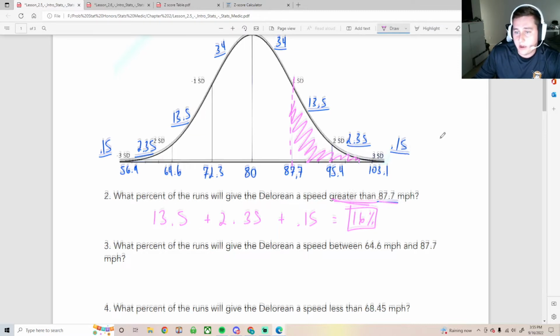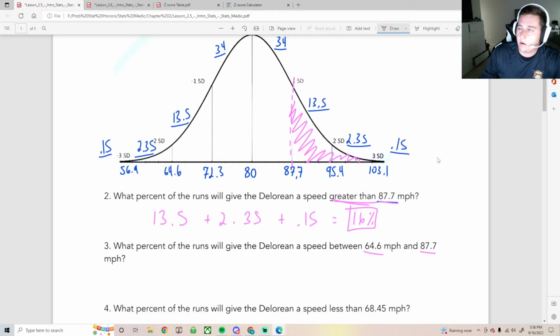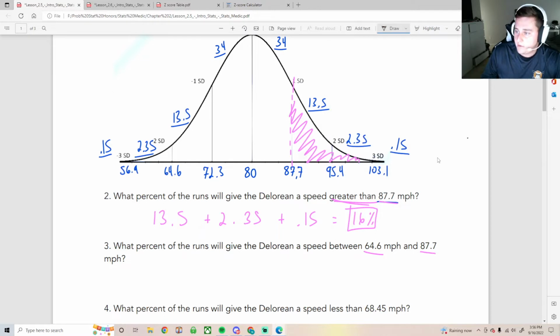The same thing applies for number 3. What percent of the runs will give a speed between this and this? So we kind of already went through these. I'll change colors. Let's use a little bit of doo-doo brown action. 64.6, so from right here, to 87.7, so here.